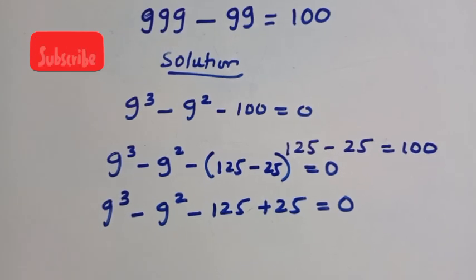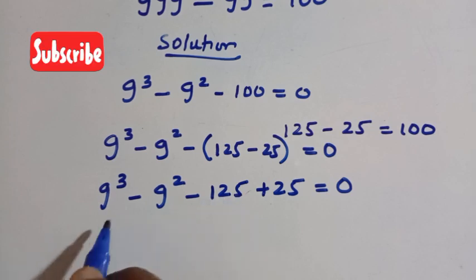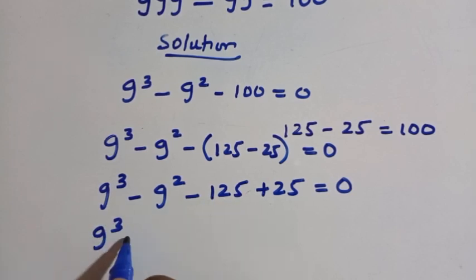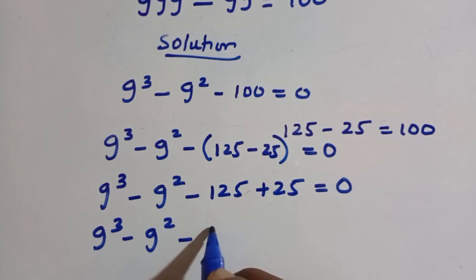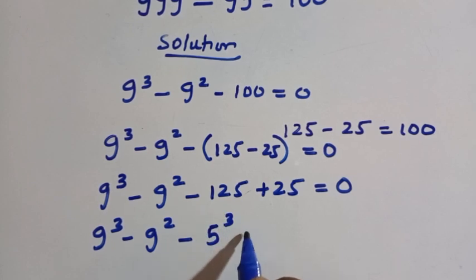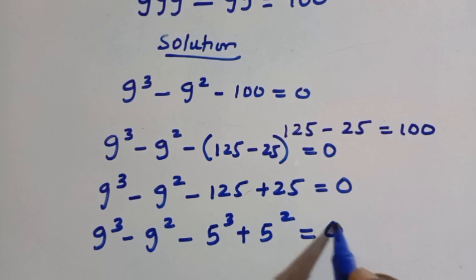And then let's rewrite this in exponent form. We have g raised to power 3 minus g raised to power 2 minus 5 raised to power 3 plus 5 raised to power 2 equals 0.